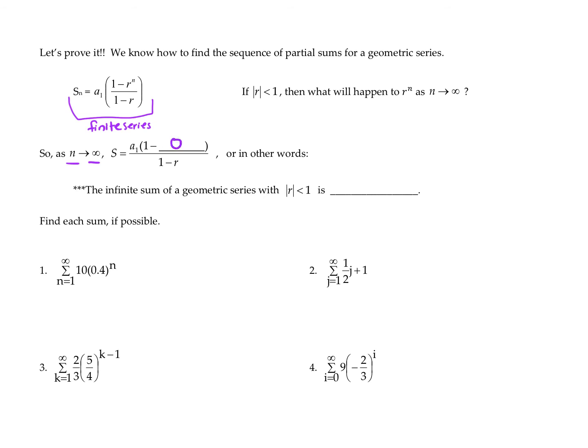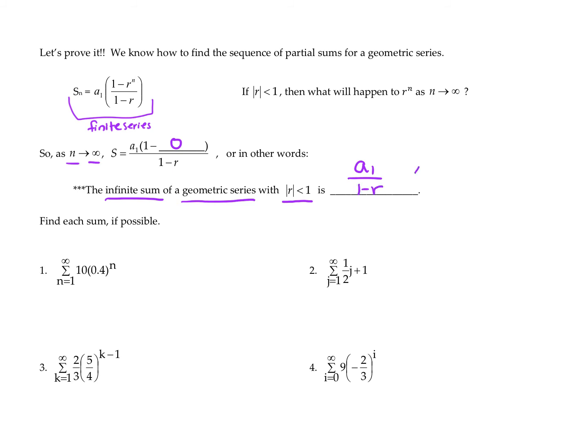So we're going to replace this r to the n with 0 because we are finding an infinite sum, so we don't have an n, over 1 minus r. So when we have an infinite sum of a geometric series, so again, that's a geometric sequence that we're summing, and our absolute value of r is less than 1, then to find the sum, we're going to use this formula of a1 over 1 minus r.